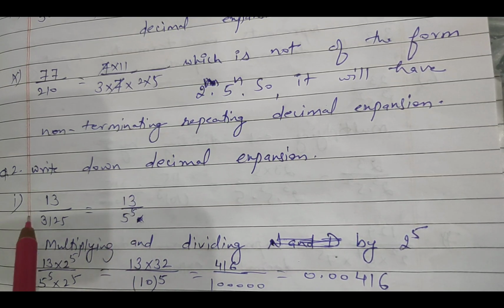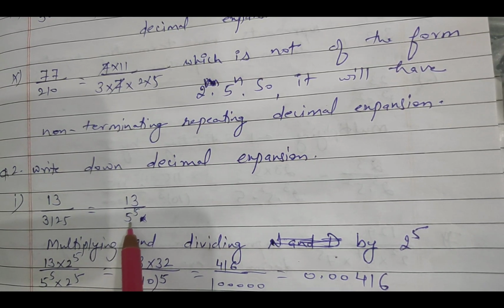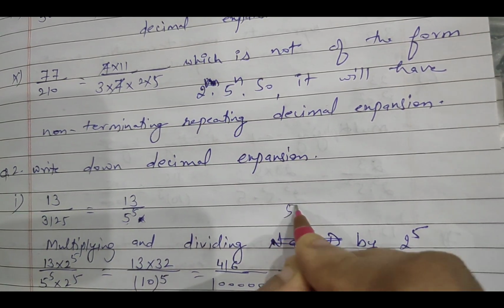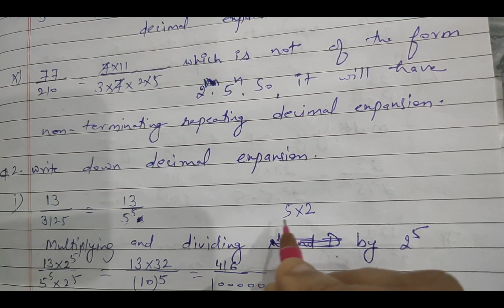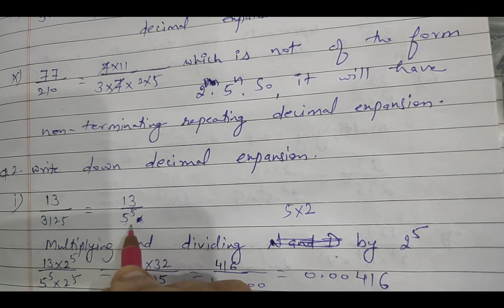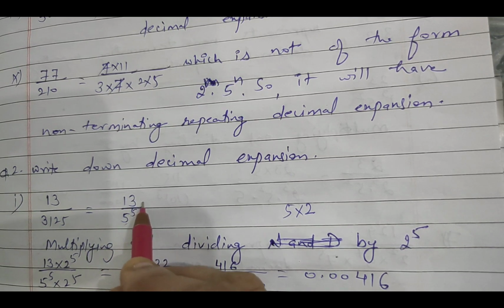If it is not in the form, as you can see question number 1, 13 upon 3125. If factorized, what am I getting? 5 raised to power 5. Now I know very well how I can convert this 5 into 10 by multiplying with 2, right? But if I want to multiply the denominator by 2, I need to multiply the numerator as well so that it remains balanced, right?